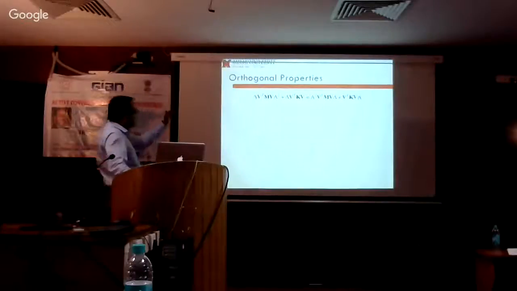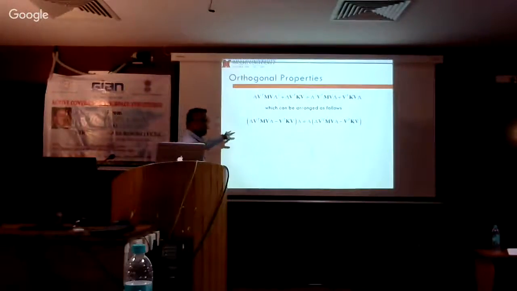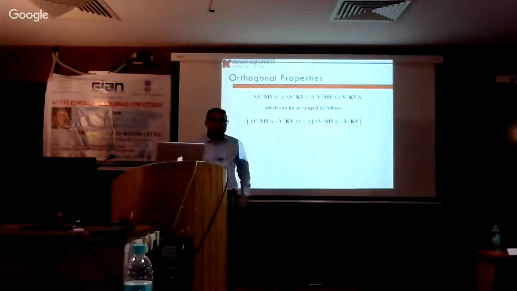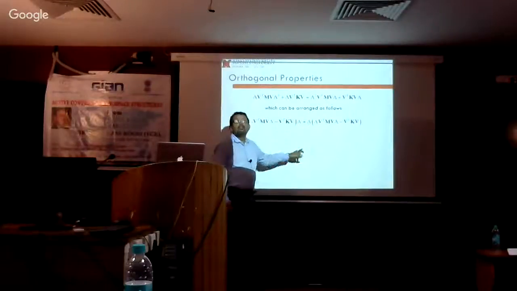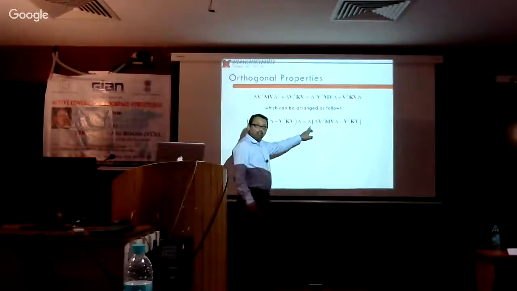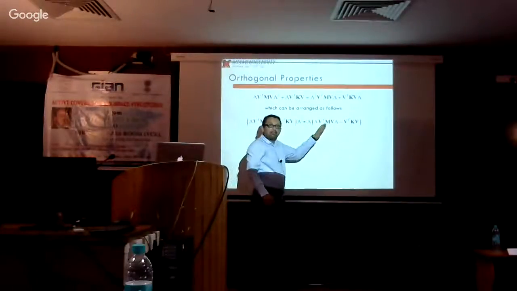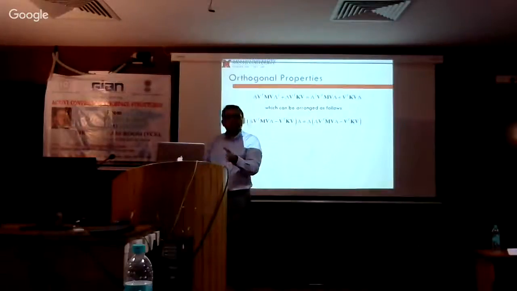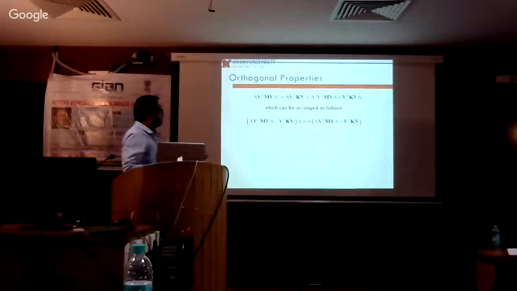Now let's look at the right hand side. If you look at the right hand side of the matrices, which will now be equal, we can rearrange it in this form. Now, what kind of a matrix is this? Diagonal. And this is also diagonal. So if a matrix multiplied by a diagonal matrix can commute, A times B equal to B times A, and B is diagonal, then this must be diagonal.